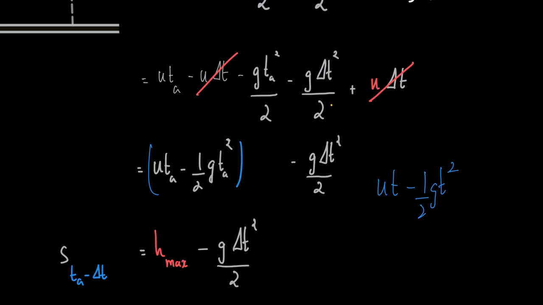And what is t_a? t_a is the time of ascent, the time taken to reach the maximum position, which is h. So this expression, s equal to ut minus half gt squared, is equal to h max minus g into delta t squared by 2. What is this? This is the displacement in time t_a minus delta t.